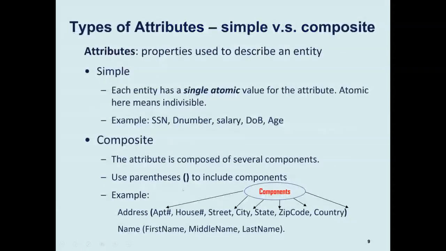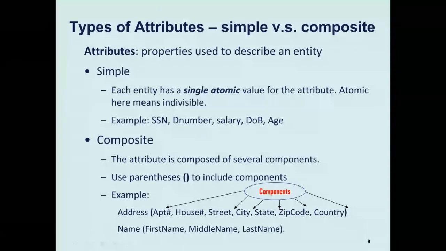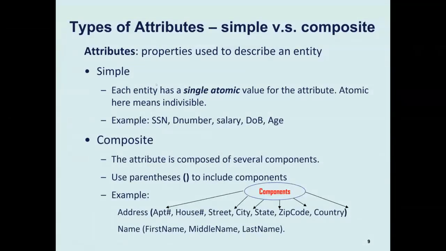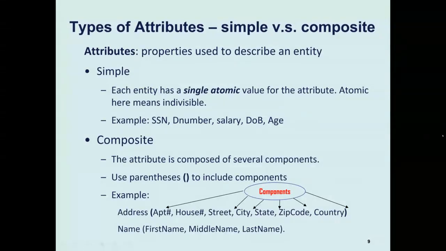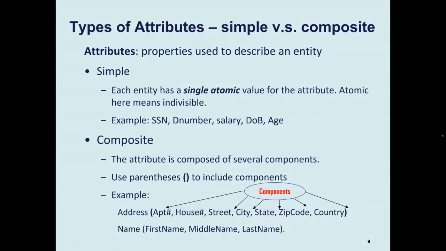Now let's discuss types of attributes. The reason we need to identify the types of attributes is that in the ER notation, we use different notations for different types of attributes. For simple attributes, that means that for a given entity, the entity has a single atomic value for that attribute.